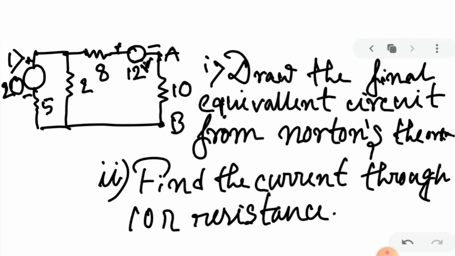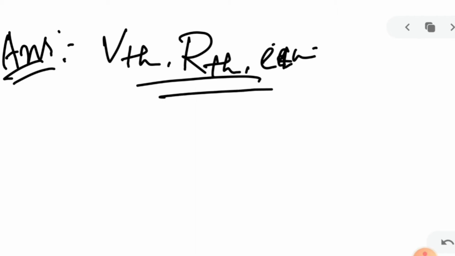Okay, so let's check my solution, and if you know the steps of Norton's theorem, you can try it on your own first. Here is the answer. In Thevenin's theorem, I previously told you that we need to find the VTH, we need to find the RTH, and then the final equivalent circuit.